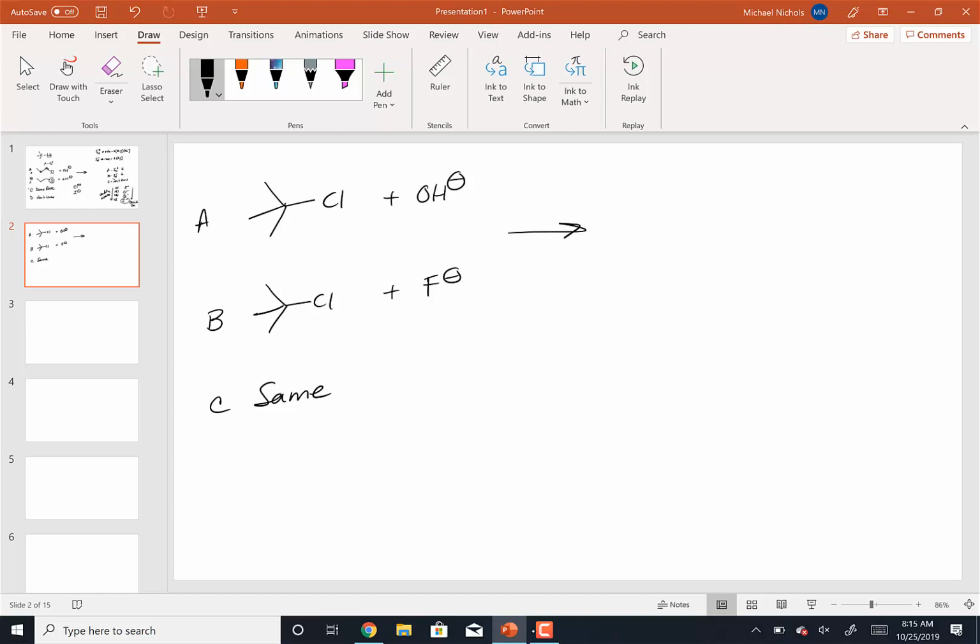Which one of these two reactions goes faster? Okay, so I'll give you a minute to think about it. Discuss if you need to discuss. And then we'll vote.